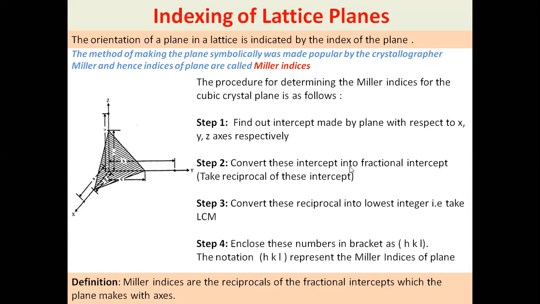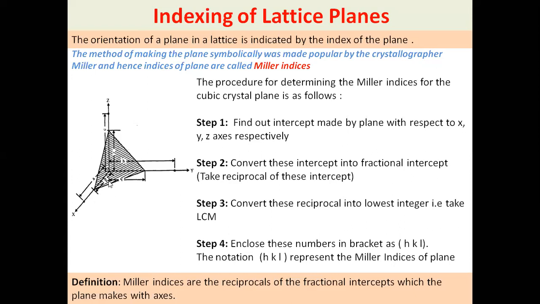Step 2: convert these intercepts into fractional intercepts. In the x direction it is p by a, where a is the total axial length.